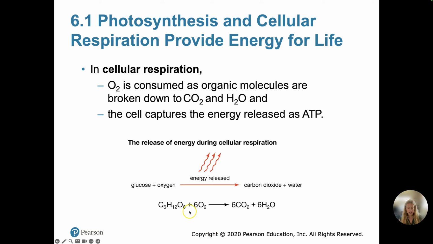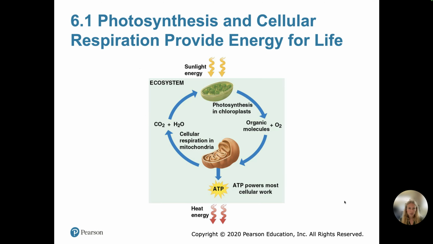If you want to look at this in the equation written out form, it's C6H12O6, which is the chemical formula for glucose, plus 6 O2. Oxygen turns into 6 CO2, carbon dioxide, and then 6 H2O, water. We looked at both of these equations in the last video for the membranes and energy lecture, but I did want to go over them in a little bit more depth here.